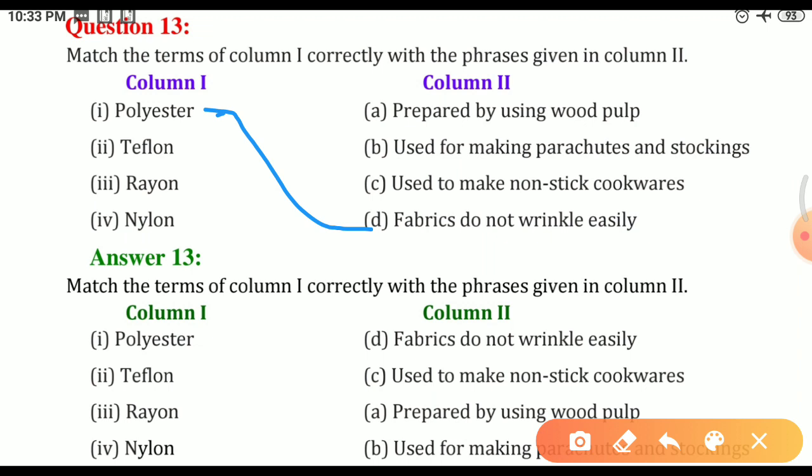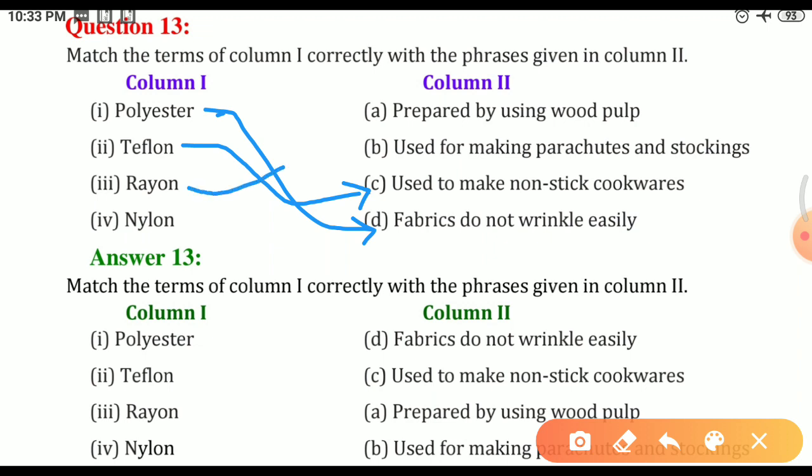Teflon is the plastic used as a non-stick cookware coating. Its coating is there on the non-stick cookware. So this we can match with C. Teflon is used to make non-stick cookware. Rayon, we know, is prepared by using wood pulp.